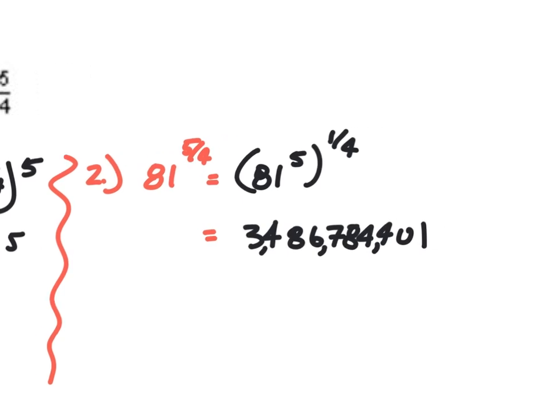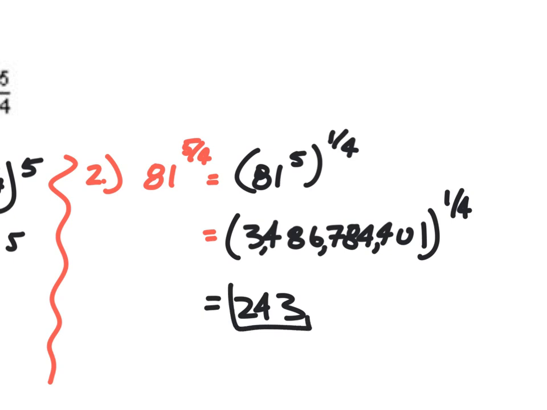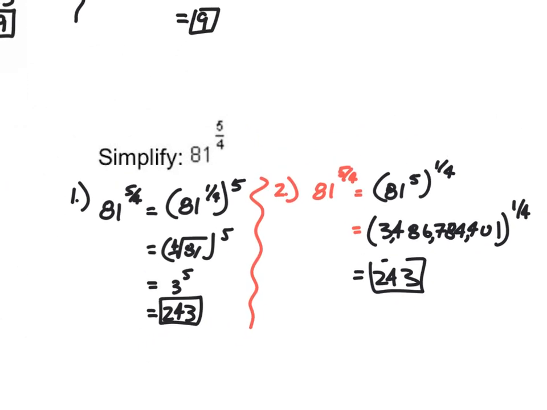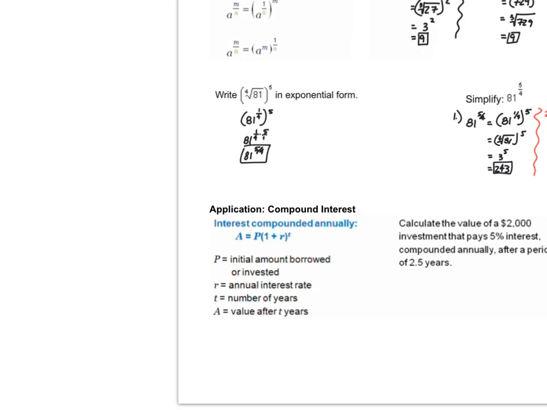And then we still need to take the 4th root of this. So I would take that number and raise it to the 1/4 power, and it's just going to give you 243. So it'll do the same thing, and you're going to have to use technology here. But the first step is your ability to rewrite these.